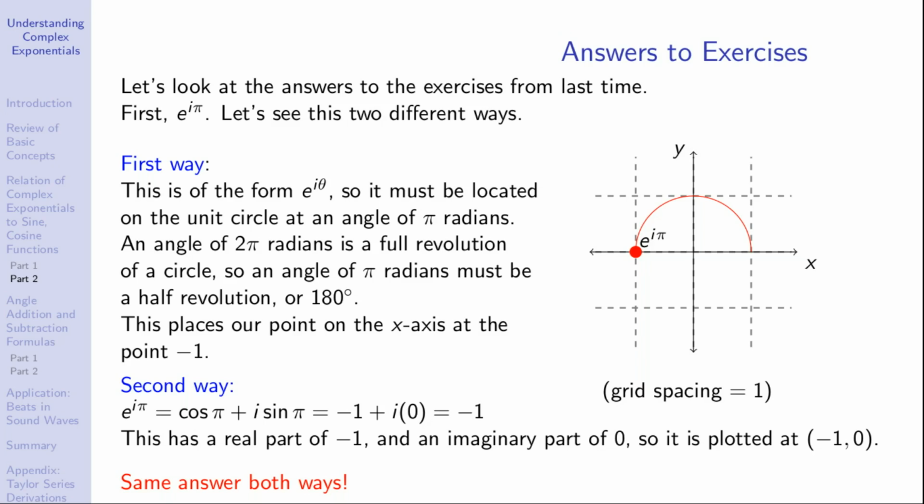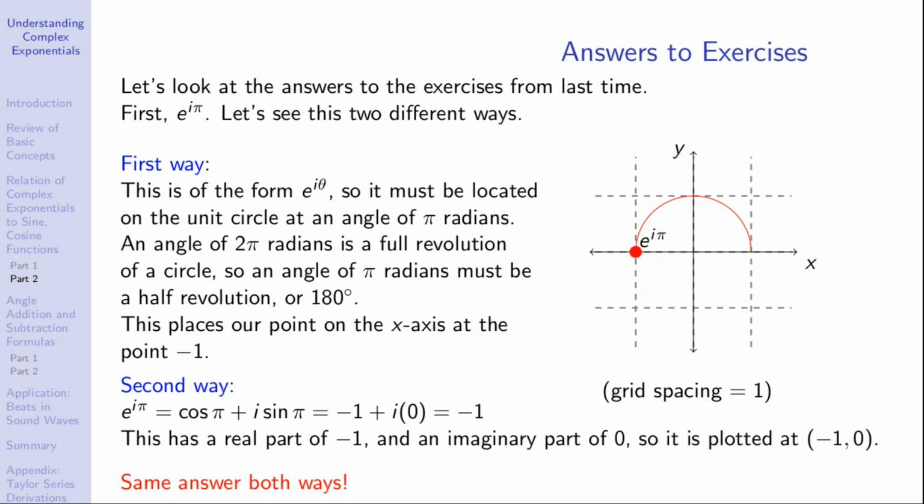An angle of 2 pi radians is a full revolution of a circle, so an angle of pi radians must be a half revolution, or 180 degrees. This places our point on the x-axis at the point -1.